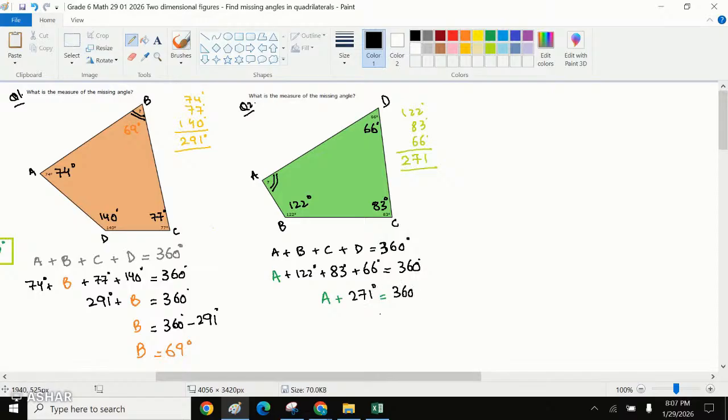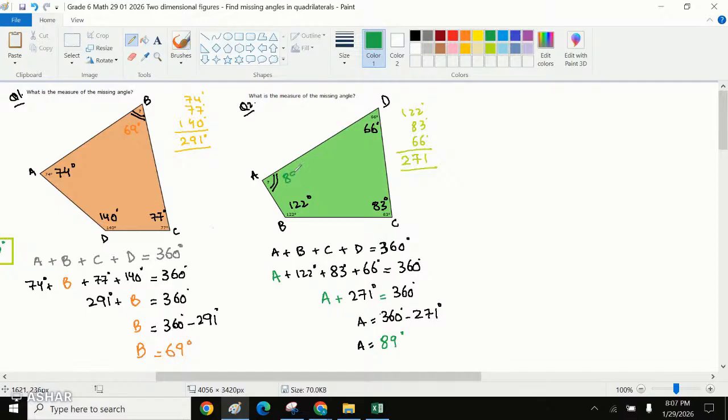Can we say A is equal to 360 minus 271? And the answer for question number 2 comes out to be, what should be the answer? 360 minus 271 should be equal to 89 degrees.